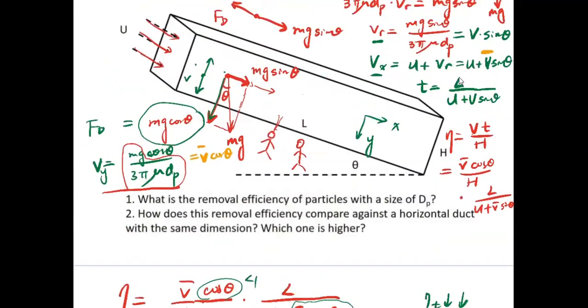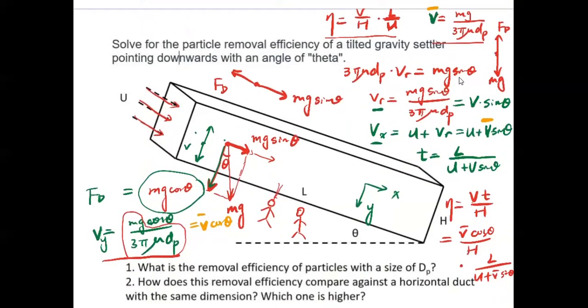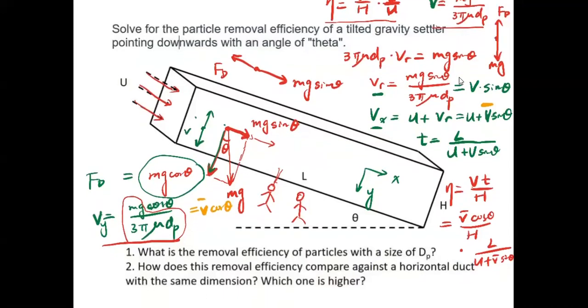And it is actually quite straightforward. Let's think outside the box. We have been using these equations to think about the scenarios, but let's say there are particles suspended in this duct. Now we're talking about the removal of the particles. The force that drags these particles towards the base becomes smaller, mainly because of this theta here.